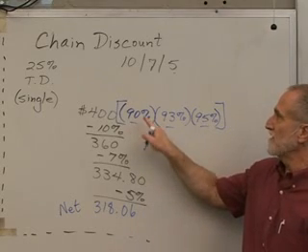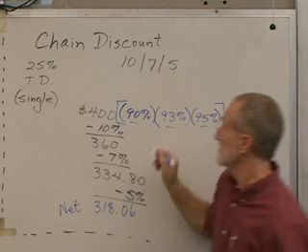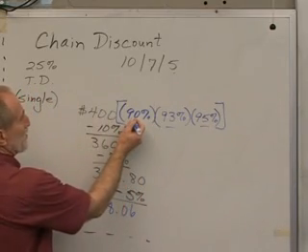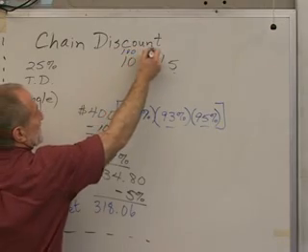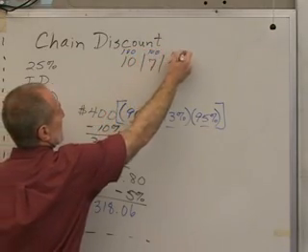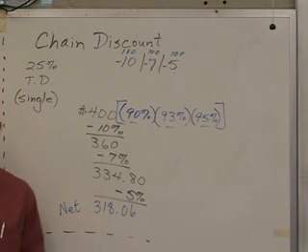Now, when we do that, we have to use the decimal equivalents. Here's what we do basically when we see a chain discount. We subtract each one of those from 100% and express it as a decimal.